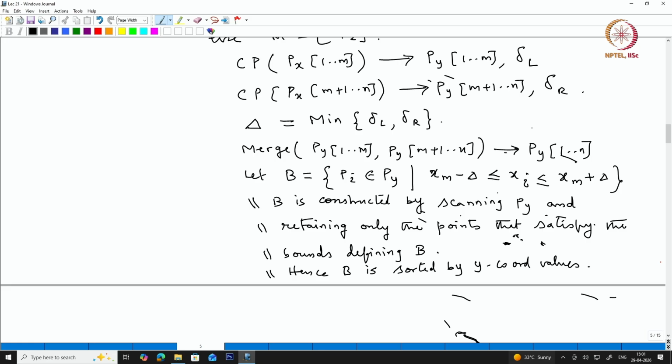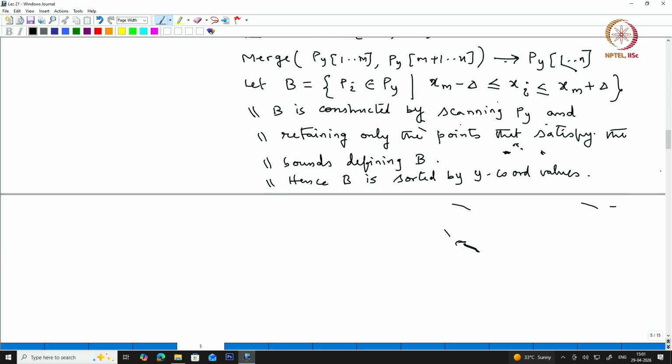So, let us also introduce another notation. Let B be P1, P2, etc. up to Pk. Let us assume that these are the k points in B. Now, delta C equals infinity.